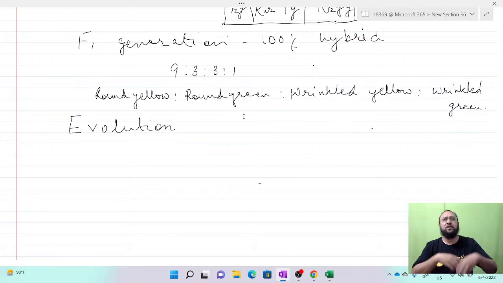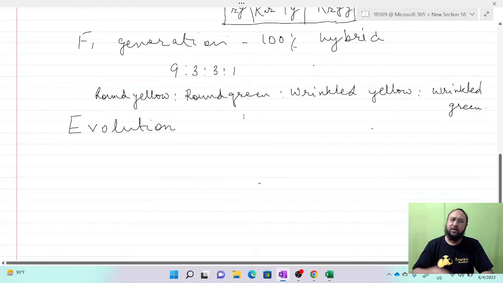Scientists, geologists, botanists and researchers have done so many experiments and studies to show how organisms have evolved, and how features and characters are transmitted from one generation to another.